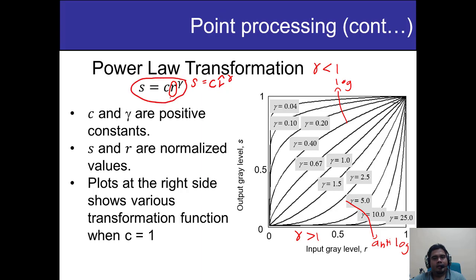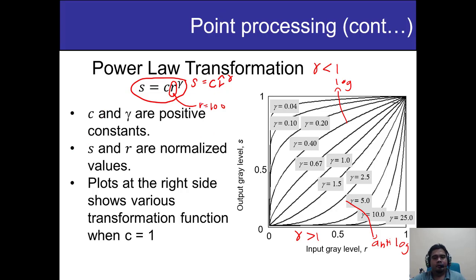Let's say you have R equal to 100, then you cannot put it here directly, because you will not get the exact result as what we want in this power law transformation function.